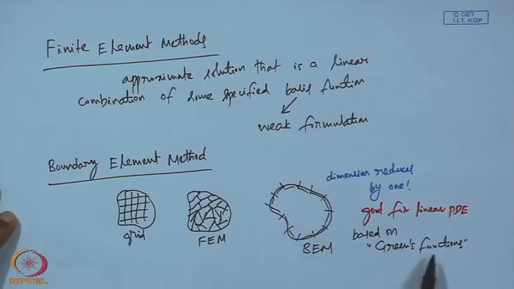If you have Green's function, then only this boundary element method can be used, because one would end up with a boundary integral formulation based on the Green's functions. So, you end up with an integral equation on the surface if the problem is 3 dimensional, and on the line if the problem is 2 dimensional. Then you just discretize using any general collocation method and get the solution. However, there are restrictions of this as well.